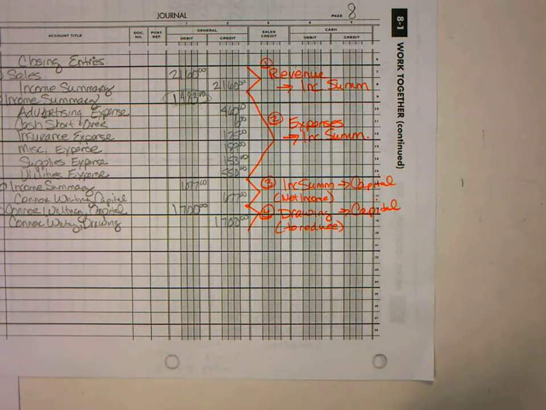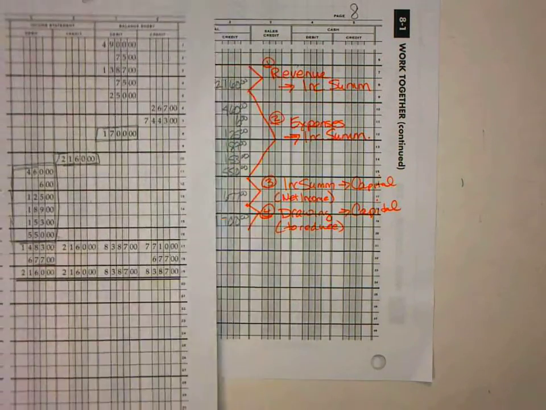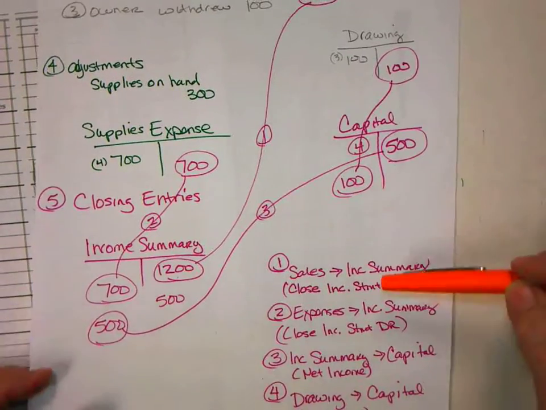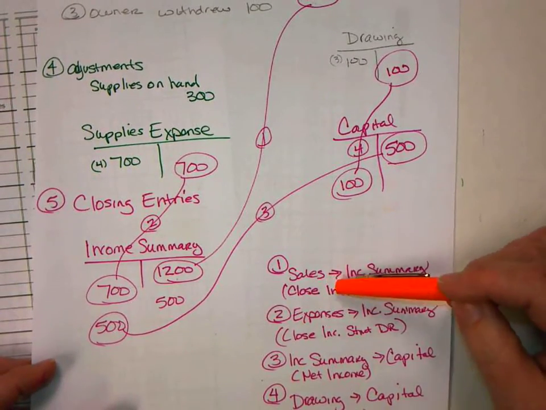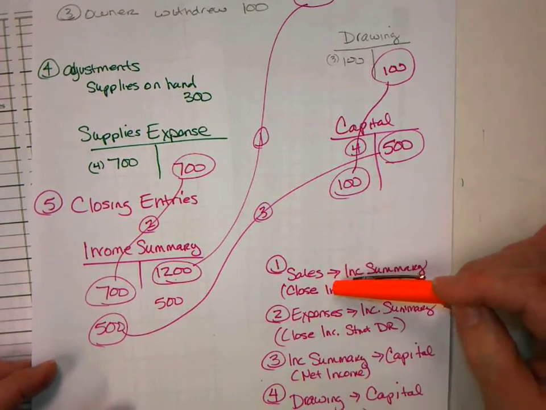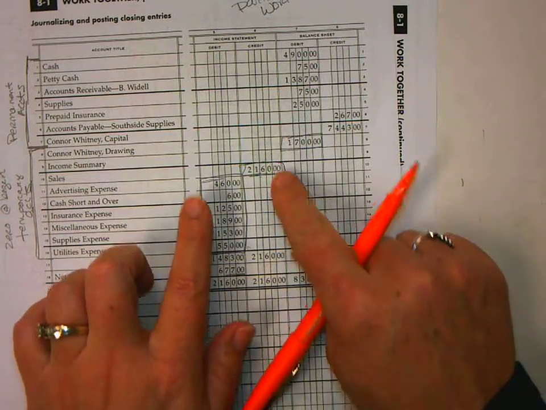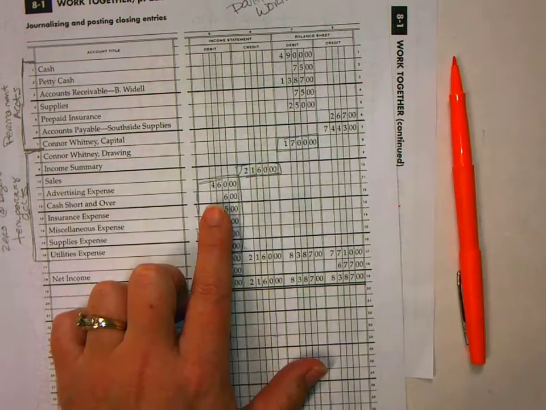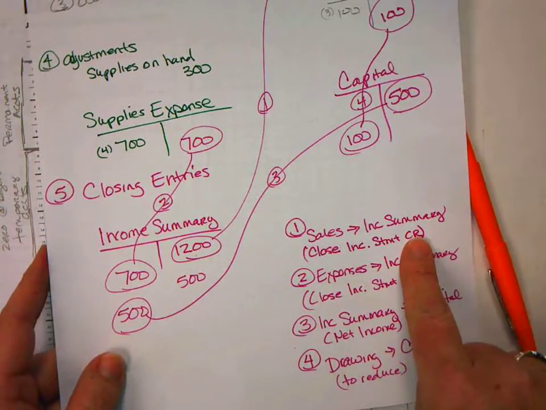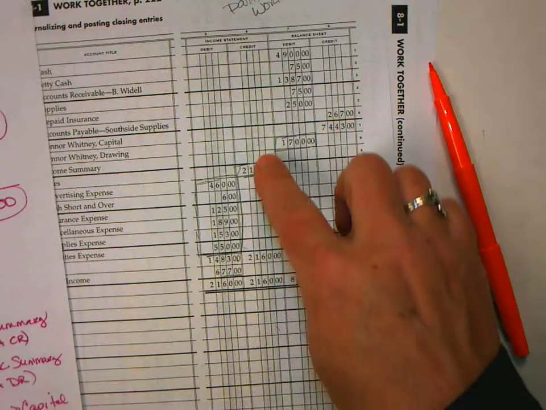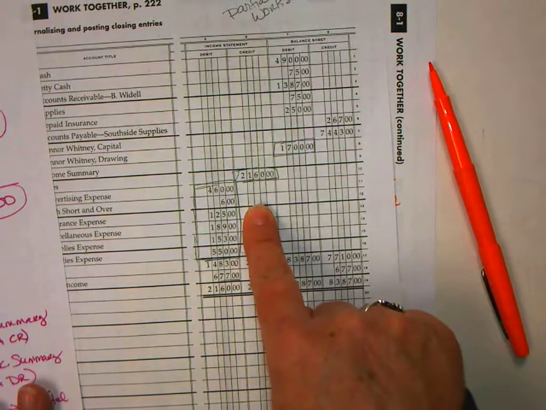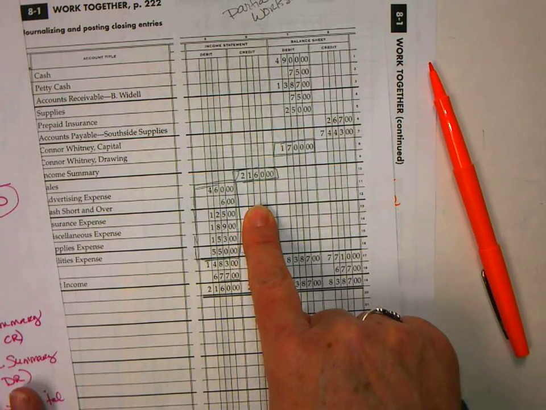Okay. All right, so back on this page, I added this close income summary credit, or excuse me, income statement credit, income statement debit. So really, when we're looking at this, even though I said originally sales to income summary, in fact, everything that's in this column right here is going to be closed.